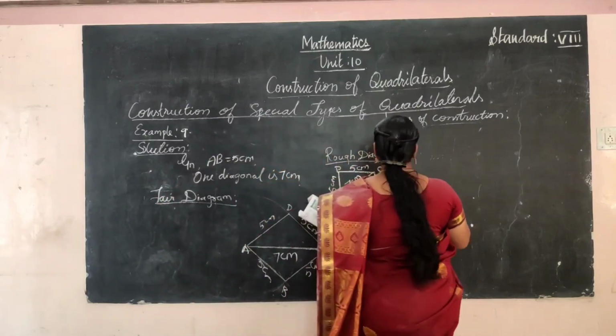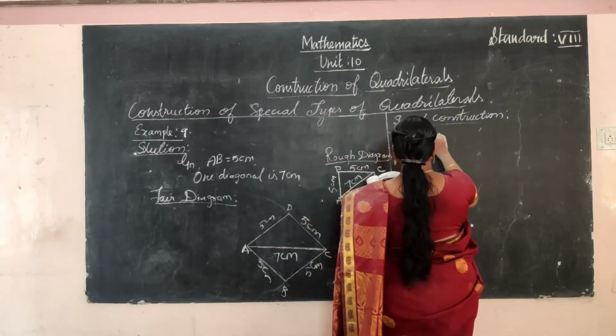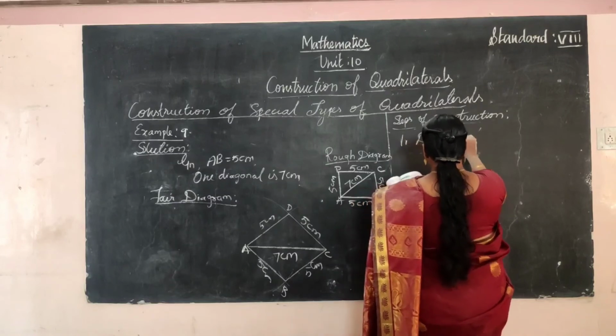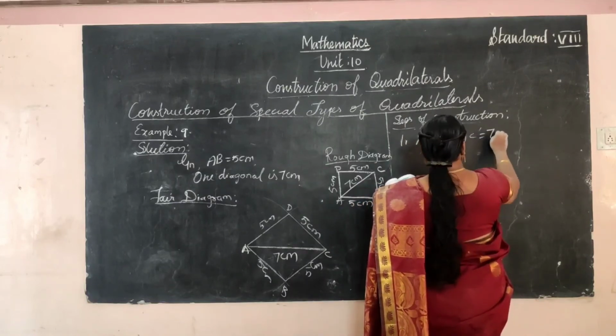First we draw the diagonal AC equal to 7 centimeter.